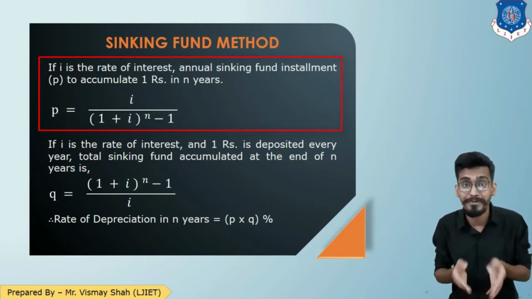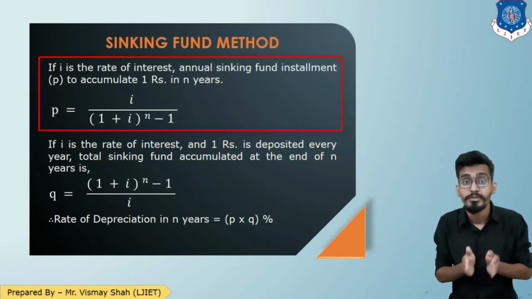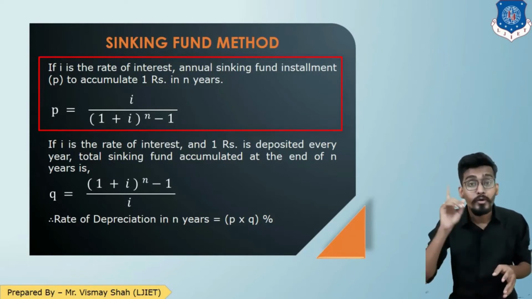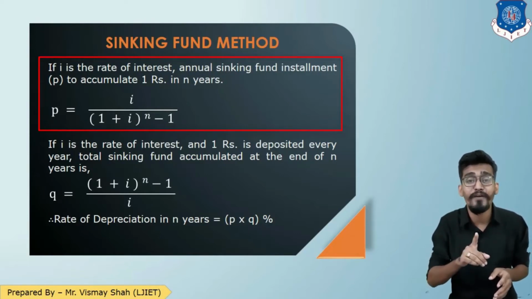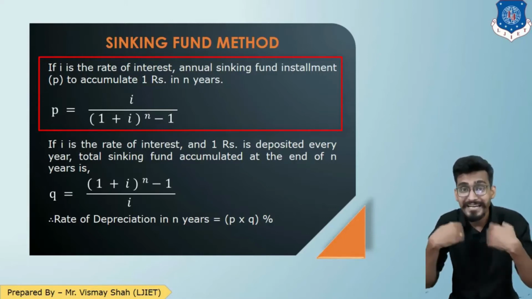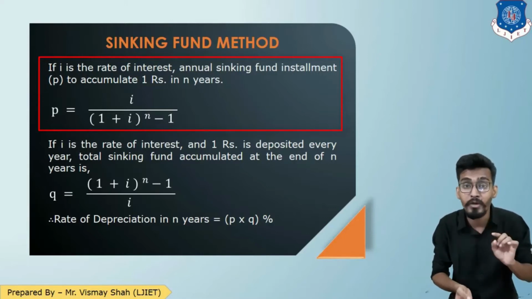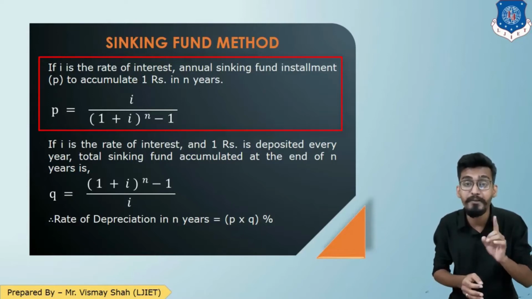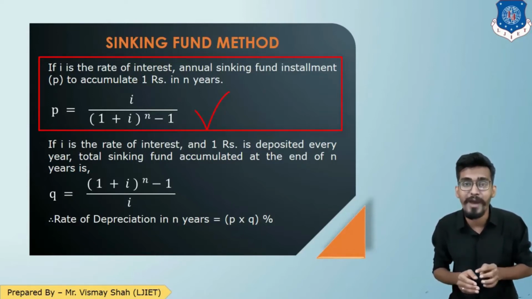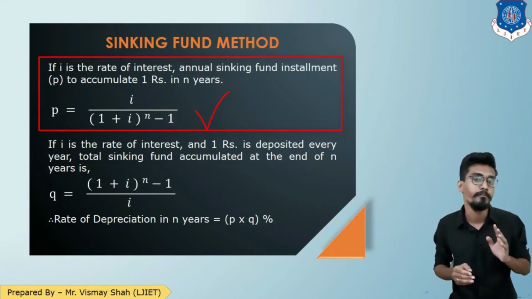To accumulate means to get. So in simpler terms, to get 1 rupee at the end of n years, having rate of interest I, how much should I invest? That is our P formula. We'll call it P formula. So P formula is I upon (1 plus I) raised to n minus 1.